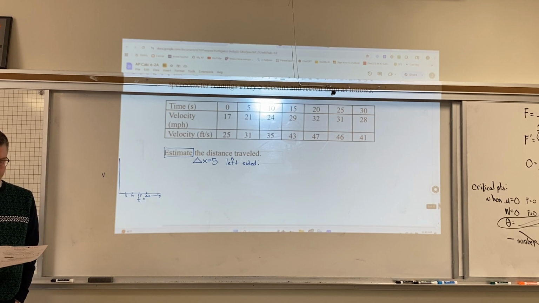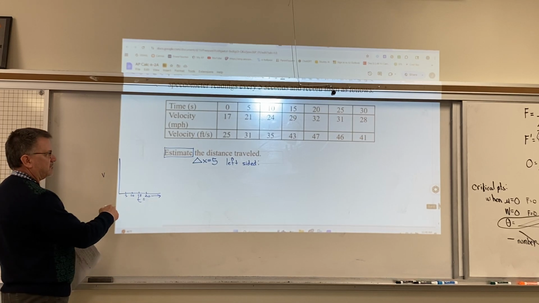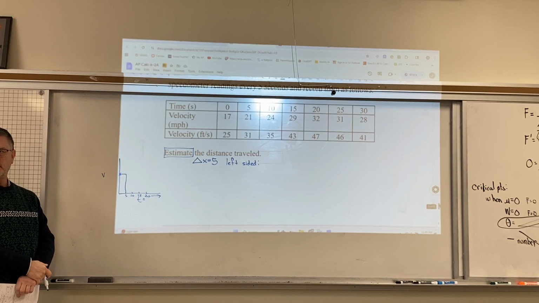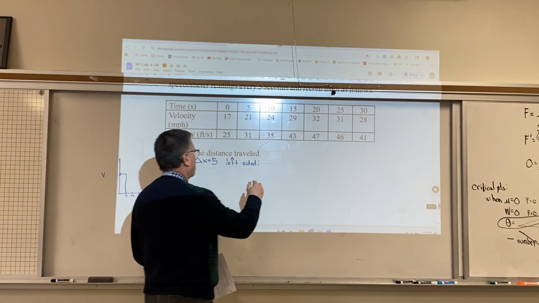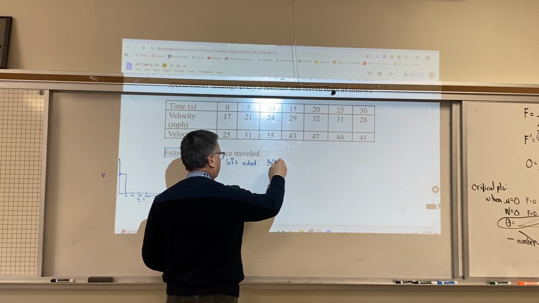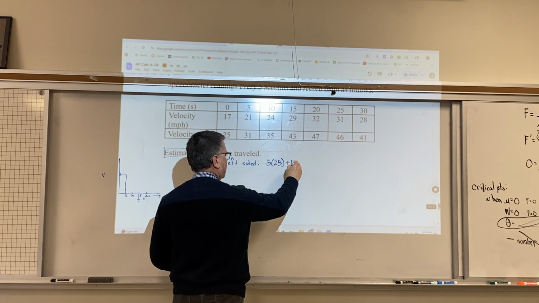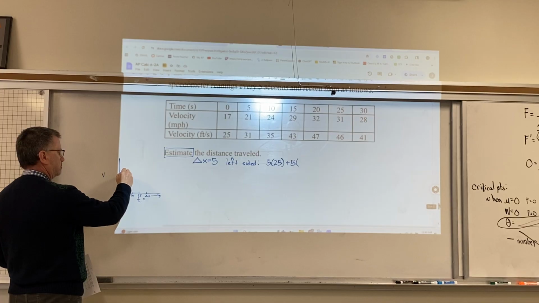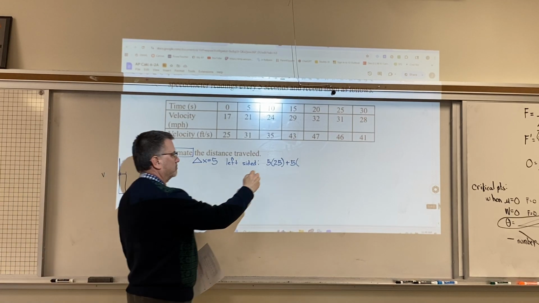What's the height? How far would the left side go up? I've got the velocity number. That would be the height, 25. So I would have length times height, 5 times 25, plus, hey, they're all the same width, 5 times the next one, 31.